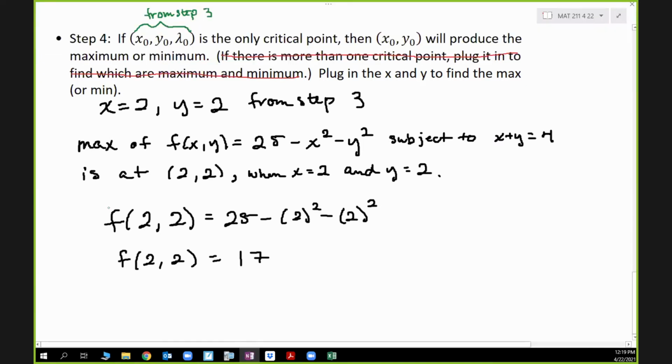So would that be like 17, 0 as our point? Or just 17? Just 17. Okay. So this is saying when x is 2 and y is 2, the function is 17. So this would be like the z value. Oh, okay.